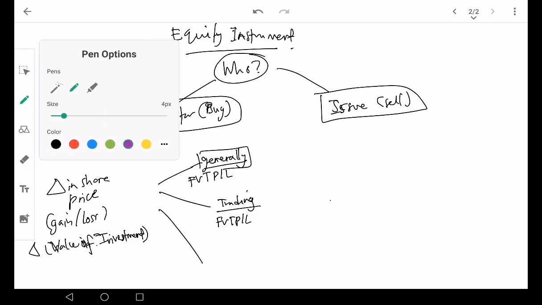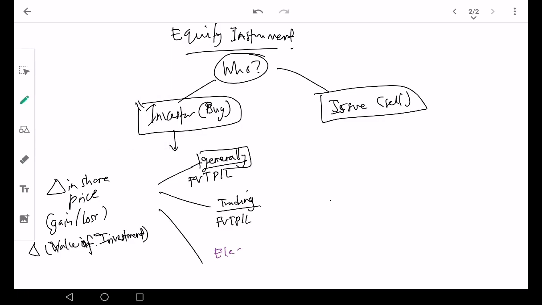However, if the question says the company makes an election, an irrevocable election, which means you cannot change it once you have elected, they decide to put the gain and the loss into OCI.